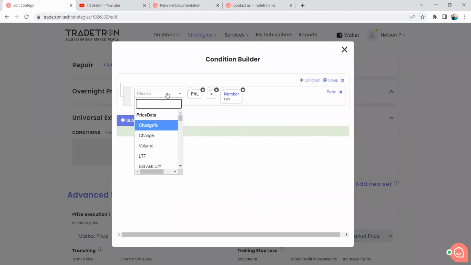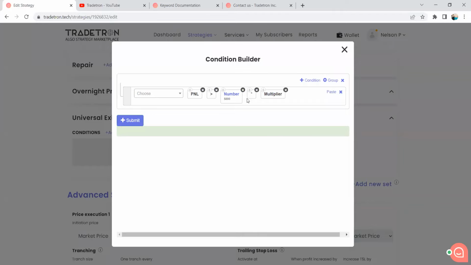into, I will use multiplier. It's always a good practice to use a multiplier because when you start trading in one lot, at that time you might be okay with say 5,000 rupees profit and things like that. But once you're comfortable with the strategy, and if you want to start trading it on 2 or 3 or 4 lots, then if you do not use this word multiplier, it will book 5,000 rupees profit even for 4 lots or 5 lots, which is not the right thing to do.